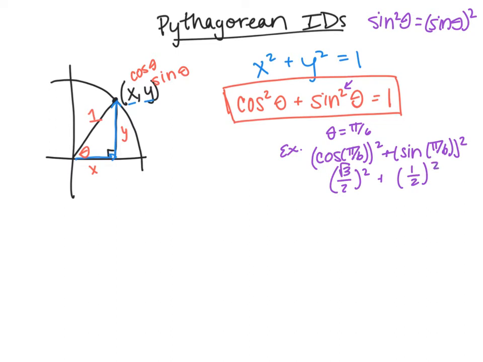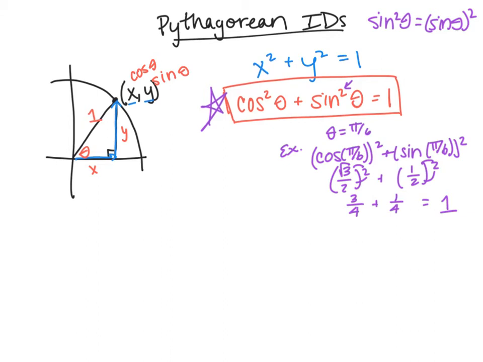Root 3 over 2 squared, distributing that square, becomes 3/4. 1/2 squared becomes 1/4. 3/4 plus 1/4 equals 1. So just one example that this is a true statement no matter what. Cosine squared plus sine squared always equals 1. So that is your base Pythagorean identity. We can build all the others from that.